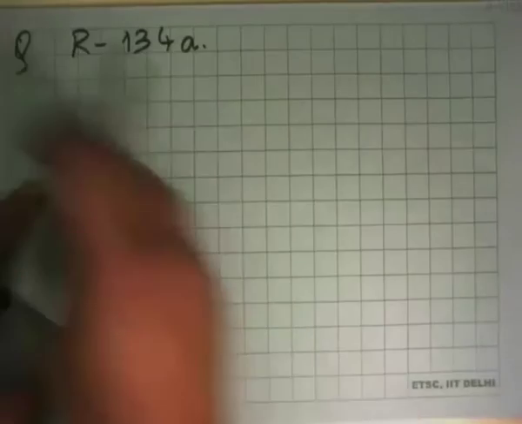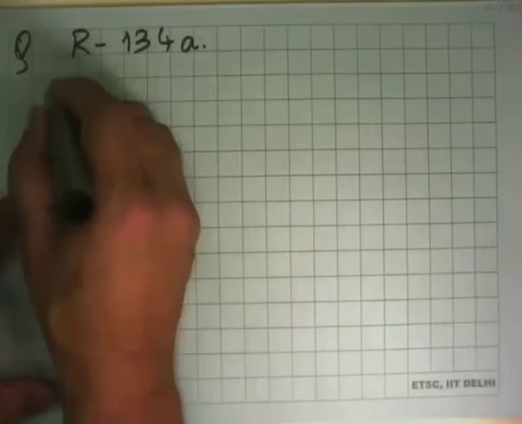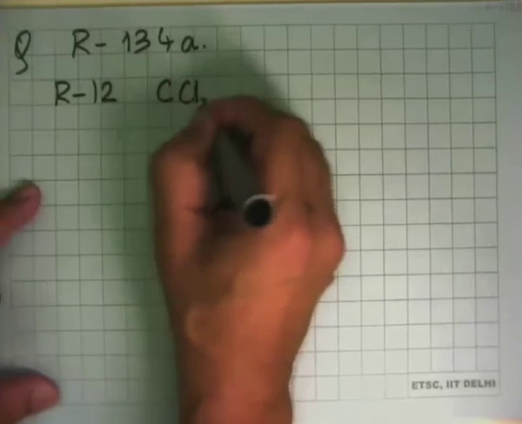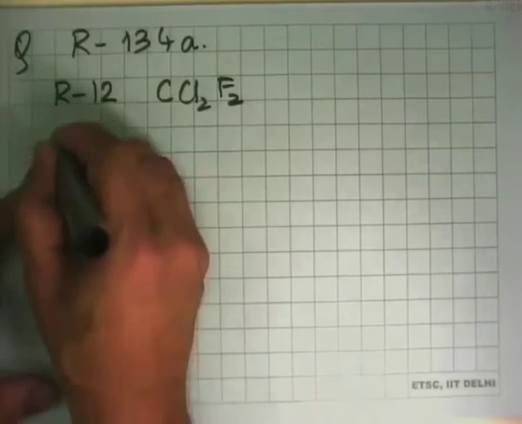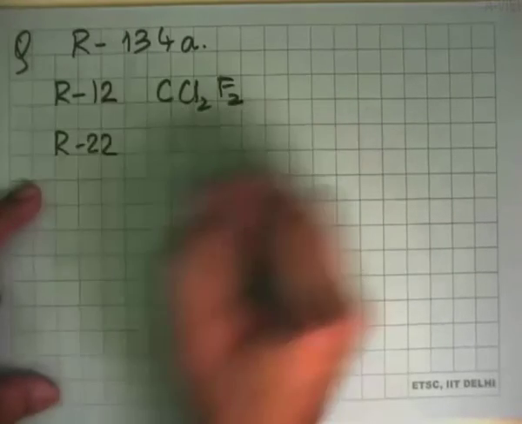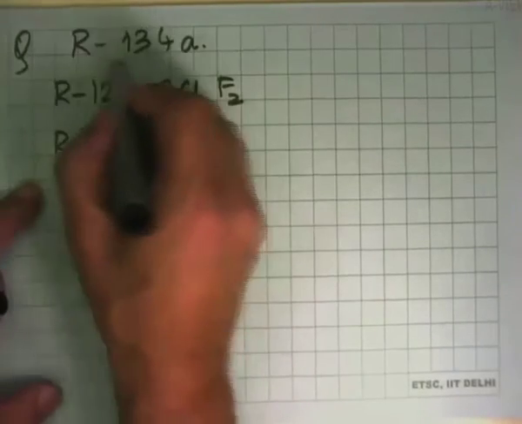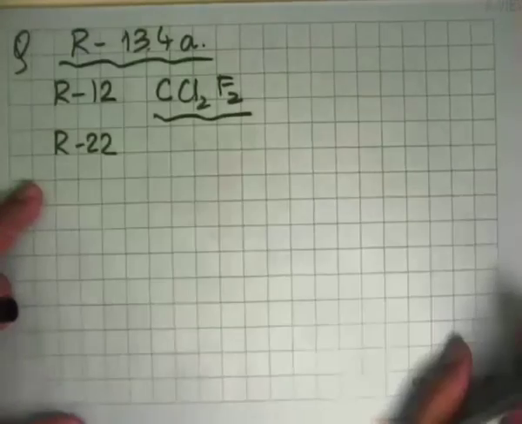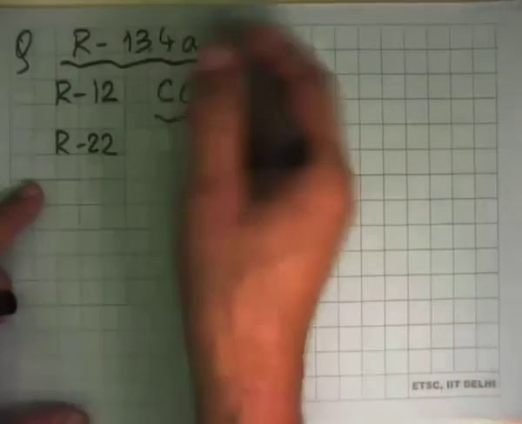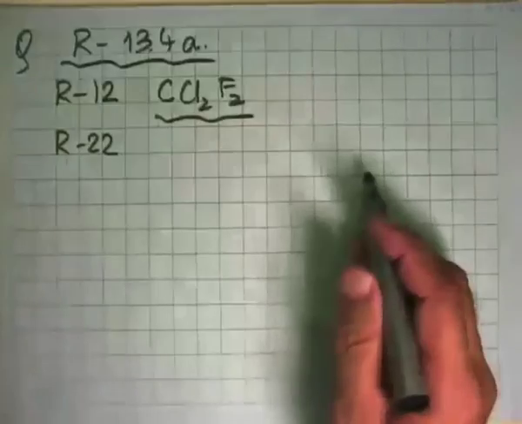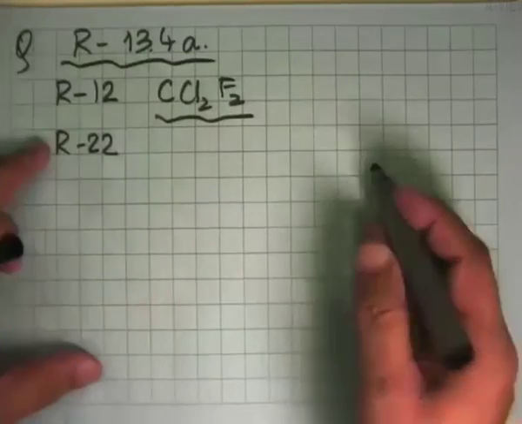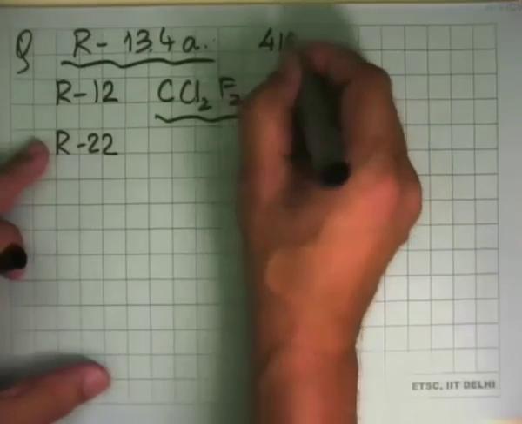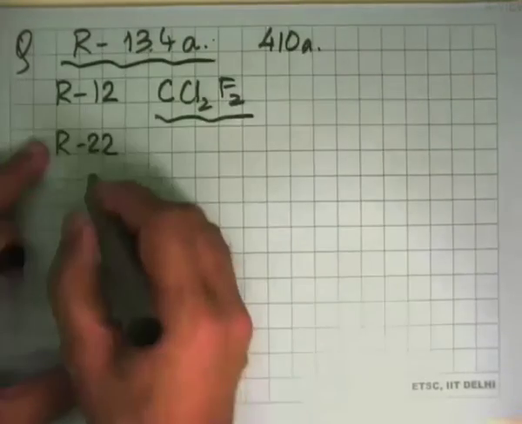So very quickly to tell you a history of these things, it started off with various refrigerants like R12, which is now banned. This is CCl2F2. Then you got R22, which is something else. So there's a formula by which we convert this molecular structure into this number. From there, you can look up the web or literature anywhere and figure out the molecular structure of R134A or R410A or things like that.